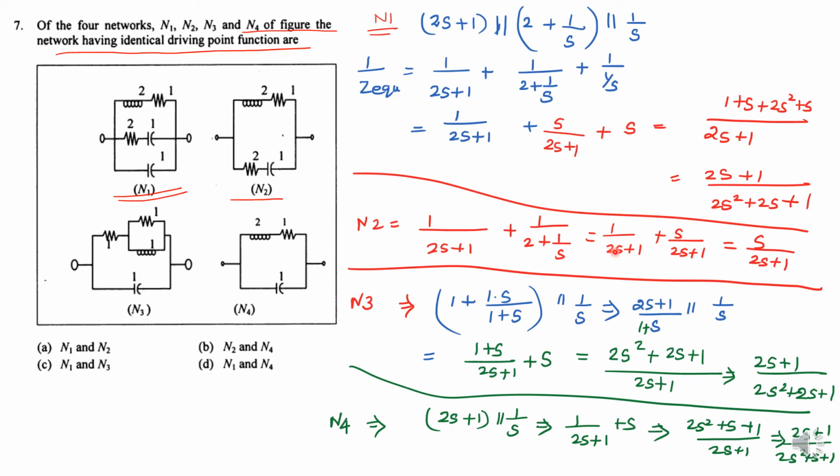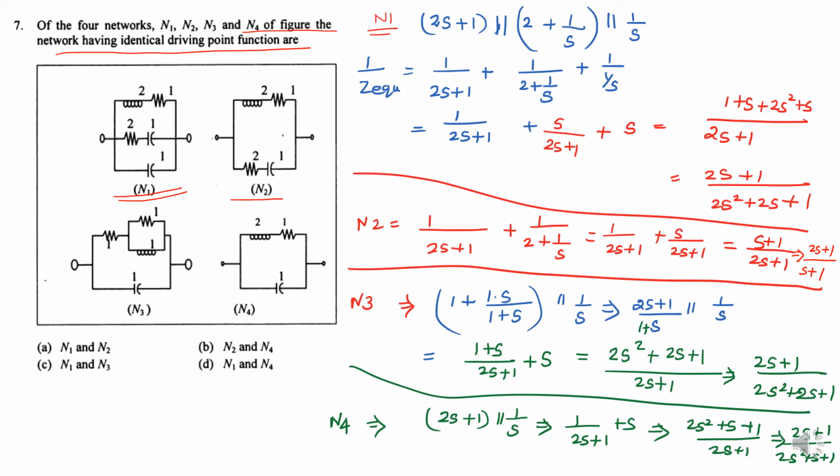Here 1 by 2s plus 1 plus s by 2s plus 1, that is equal to s plus 1 by 2s plus 1. The inverse of this, 2s plus 1 by s plus 1, is the correct answer.